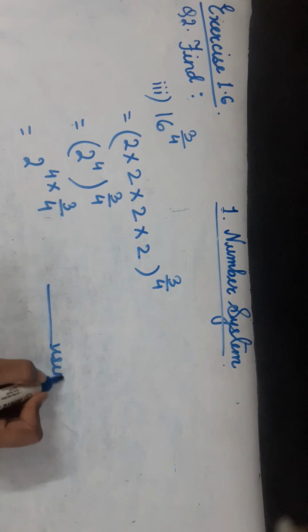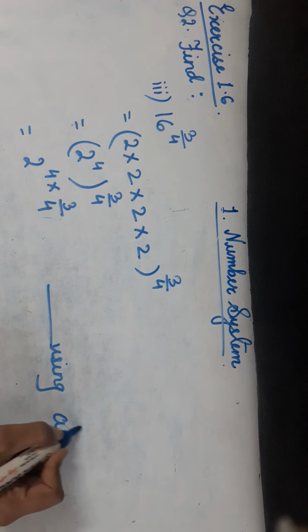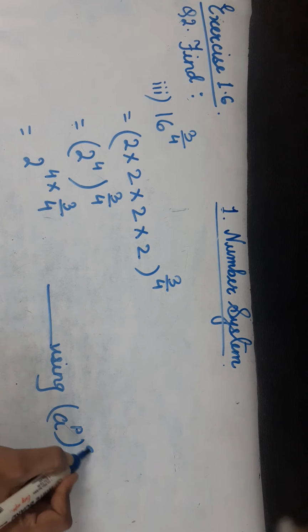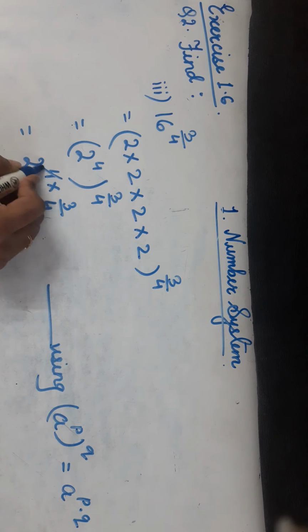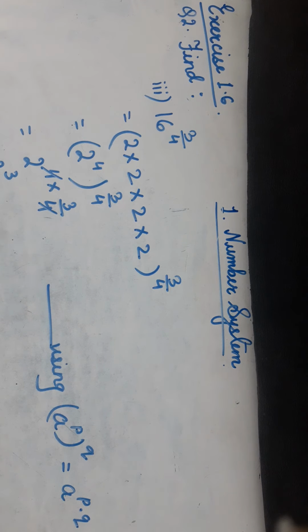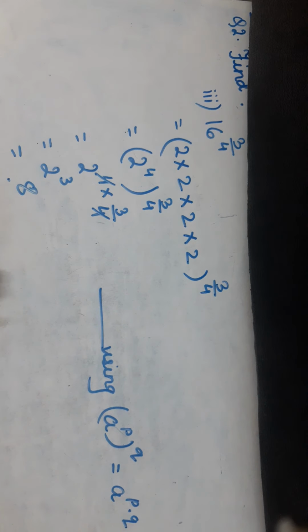Using which law? Using a raised to p whole raised to q is equal to a raised to p into q. Now this 4 gets cancelled. What remains? 2 cube, and 2 cube is nothing but 8. So here completes the second question.